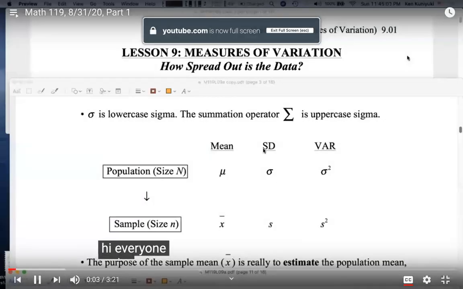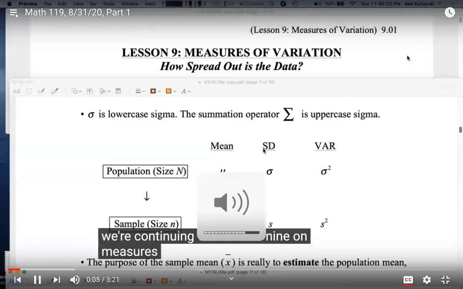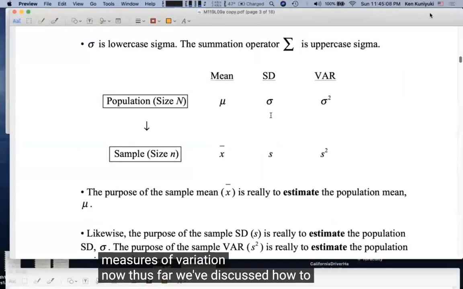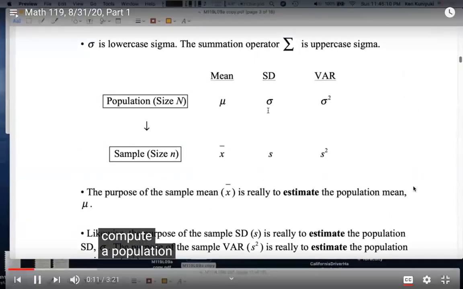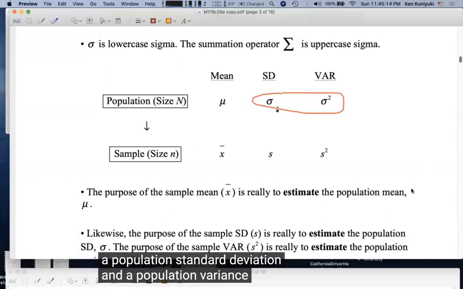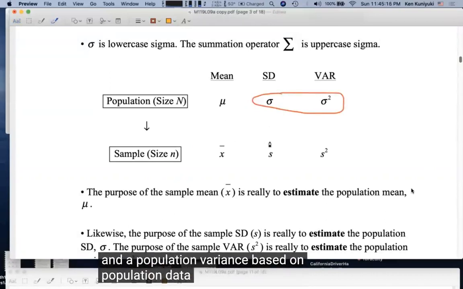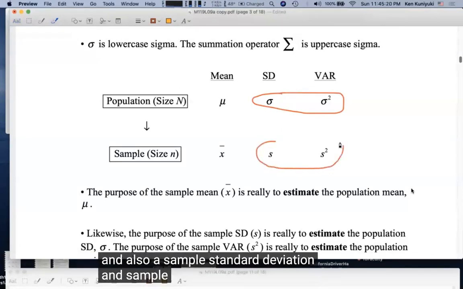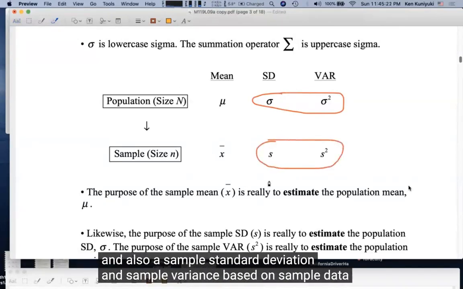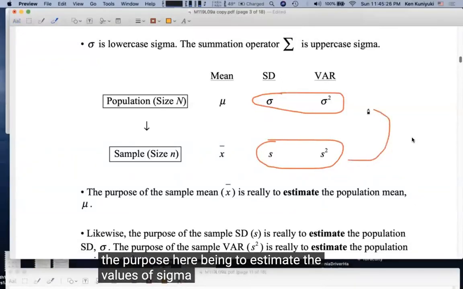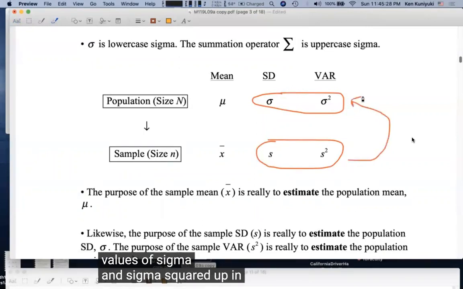Hi, everyone. We're continuing with lesson 9 on measures of variation. Now, thus far, we've discussed how to compute a population standard deviation and a population variance based on population data, and also a sample standard deviation and sample variance based on sample data. The purpose here being to estimate the values of sigma and sigma squared up in the population.